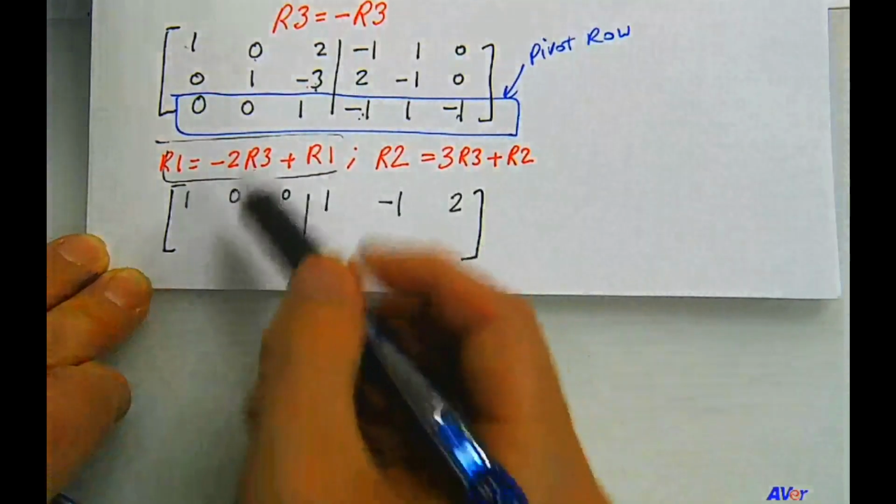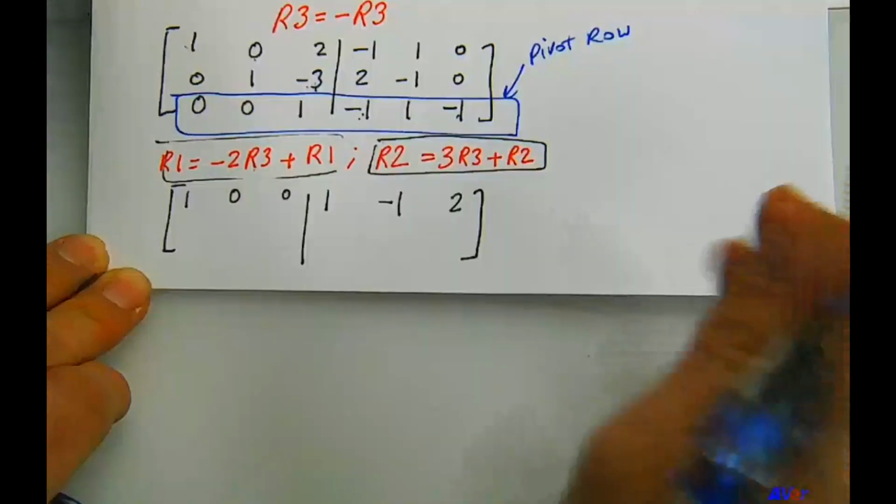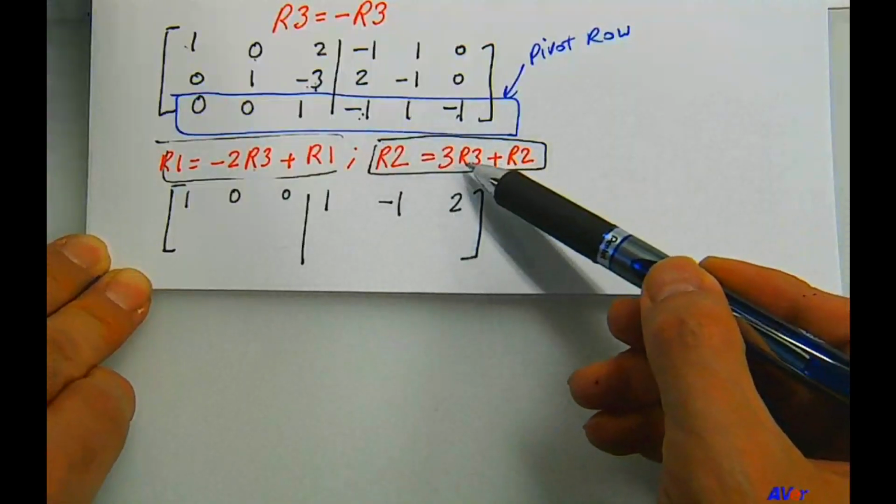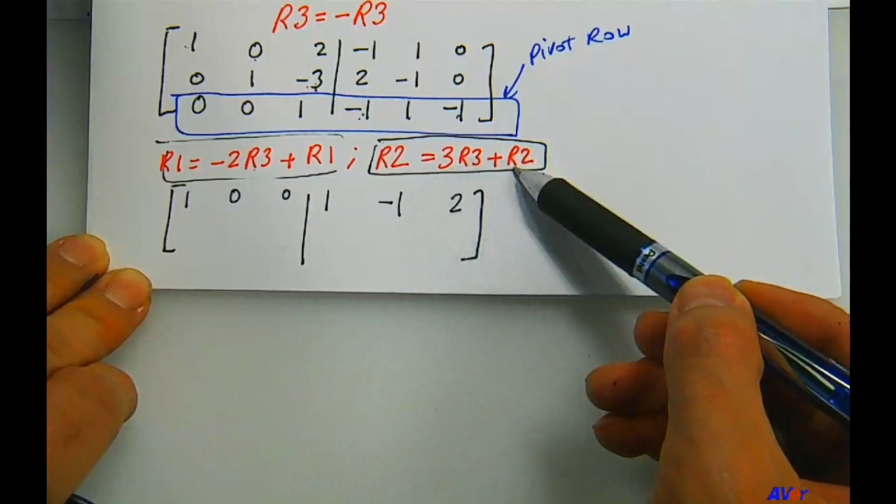Okay. Row 2 is changing according to this row operation, which is multiply the third row by 3 and add it to row 2.